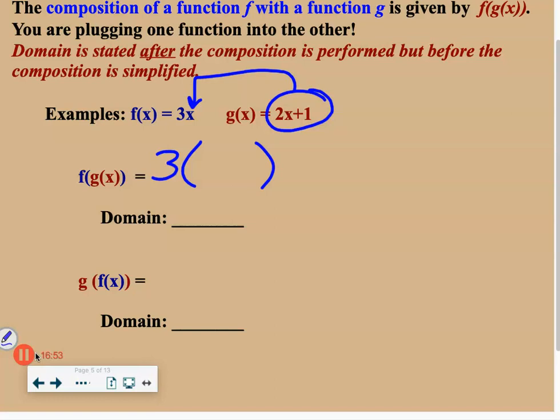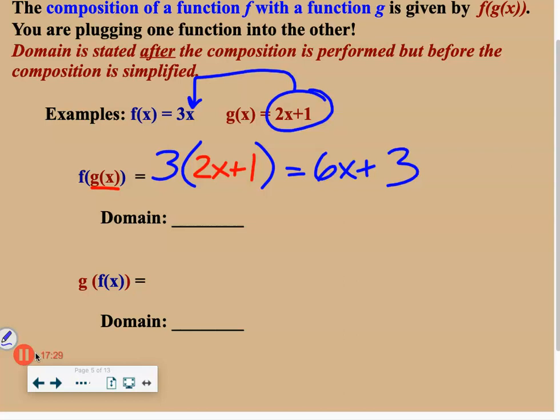Then what goes in the parenthesis is your g of x function, 2x plus 1. So you take your outer function, put parentheses wherever you see an x, and what goes into the parentheses is whatever is inside of here. I don't know if that helps or not, but that's another way to think about it. Once we clean this up, we end up with 6x plus 3.